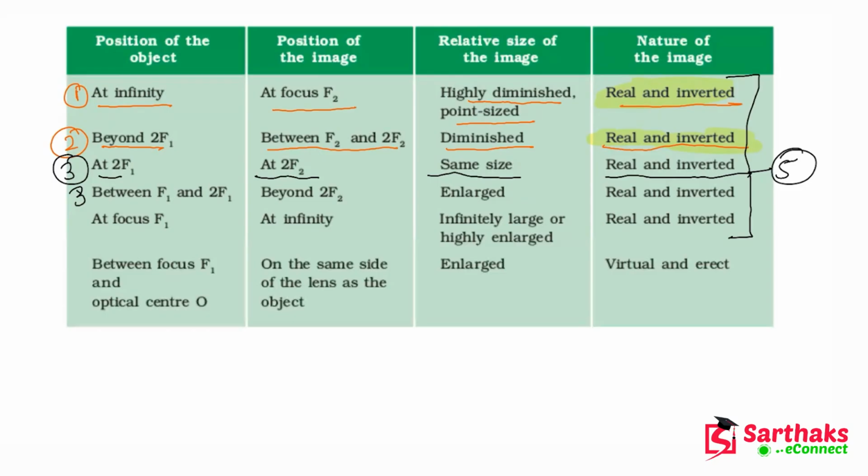But this last case, case number 6, is the only case where the rays are not actually meeting, they are appearing to be meeting. That's why the nature is virtual and erect.